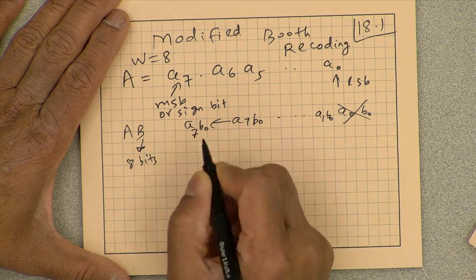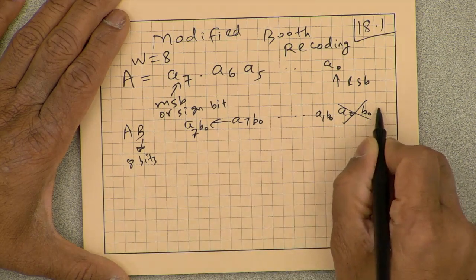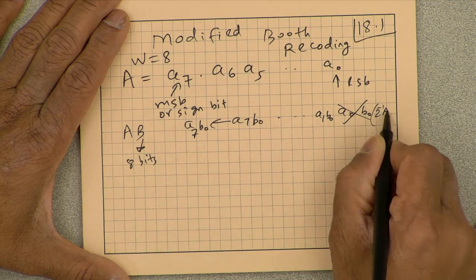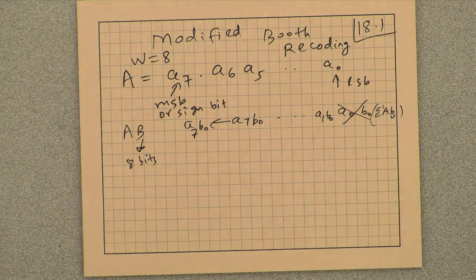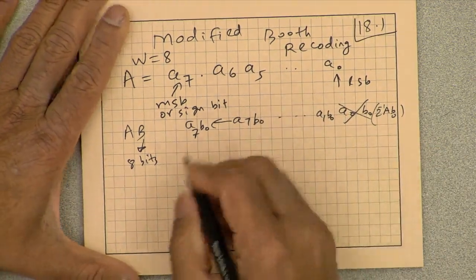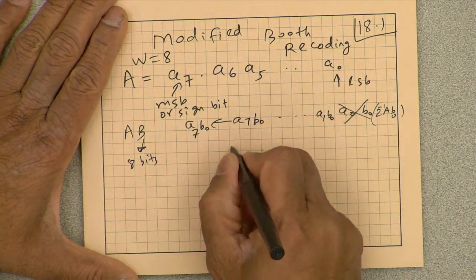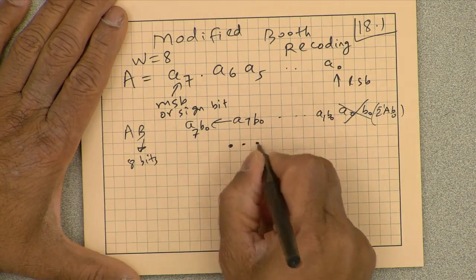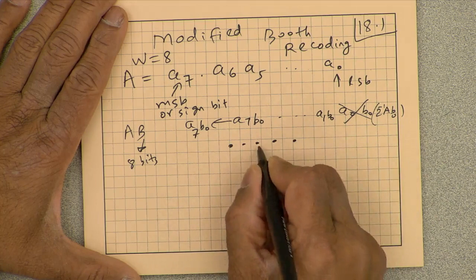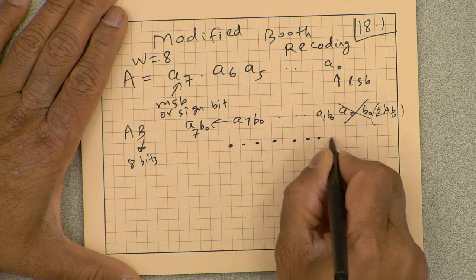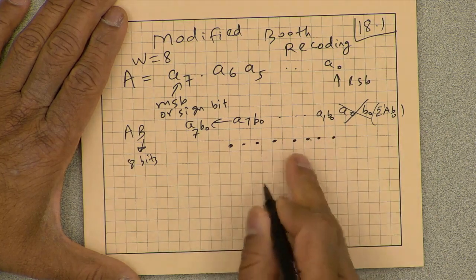So that's 2 to the power minus 1 A B0. I don't want to write all this, but let me put just dots. When I put these dots, you have to relate 3 plus 2 is 5, plus 3 is 8. So these are the 8 bits.